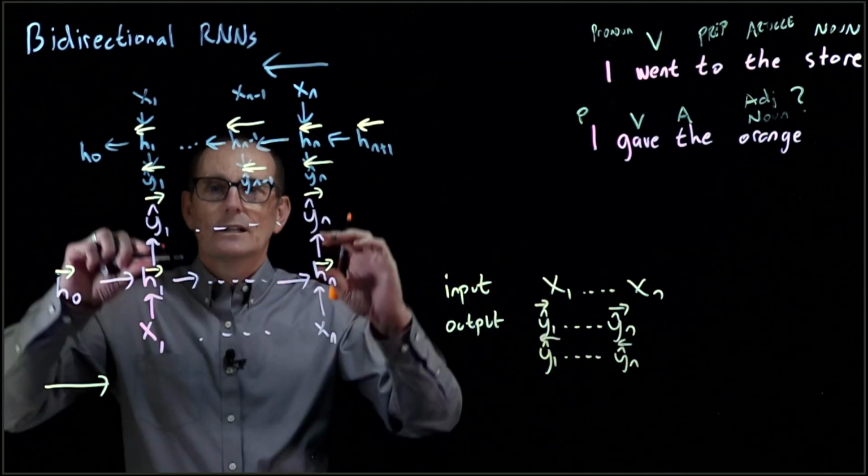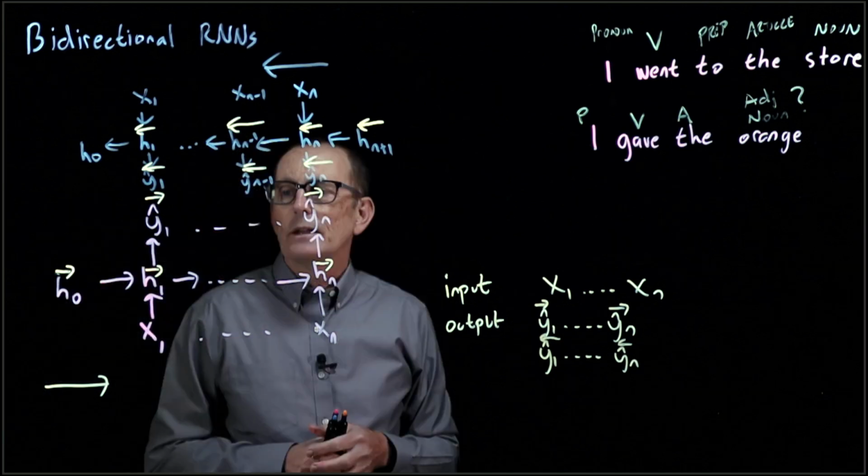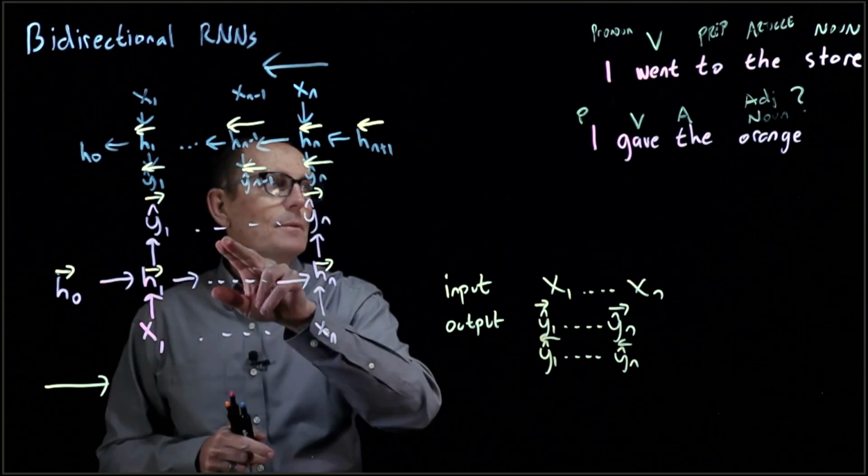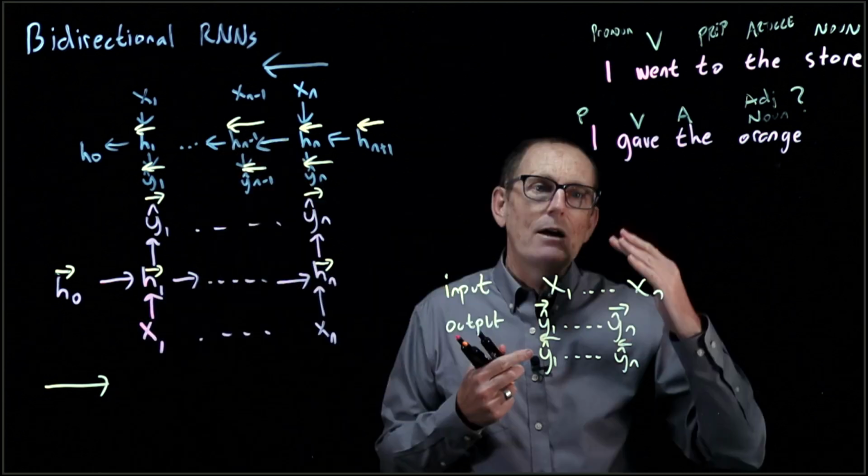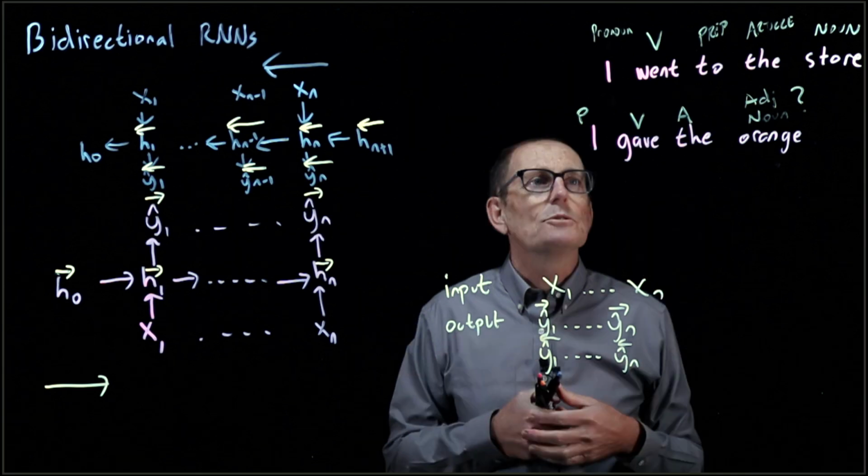Because our outputs include both these y hats and these y hats. And notice these y hats can compute different things, right? For instance, in this example, the y hat coming out for y hats of 1, 2, 3, 4 might be adjective high and noun high. It knows it's not a preposition. It knows it's not a verb, right?